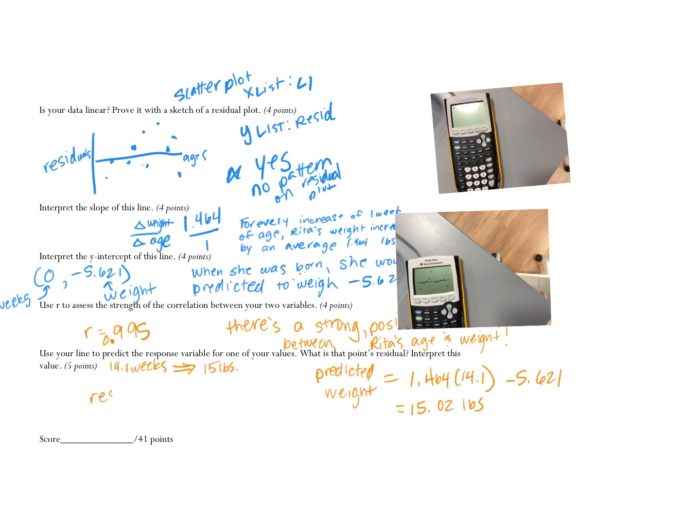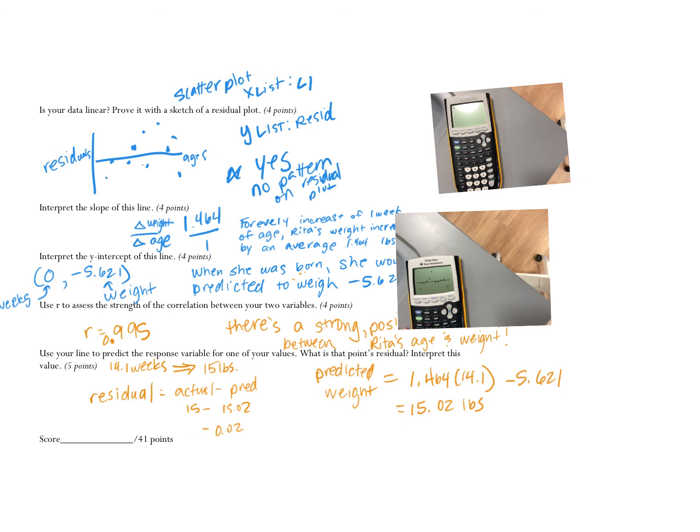So to calculate a residual, which is essentially a prediction error, like we talked about yesterday, you're going to take the actual minus the predicted. In this case, that would be 15 minus 15.02, which is negative 0.02. Hey guys, how did the line do at its prediction? Pretty good. Pretty darn good, right?